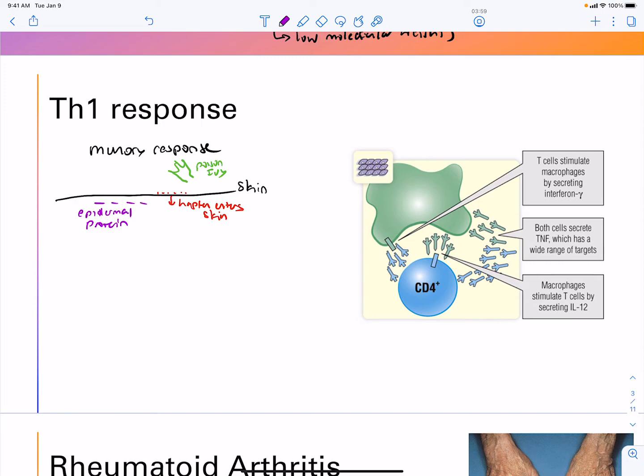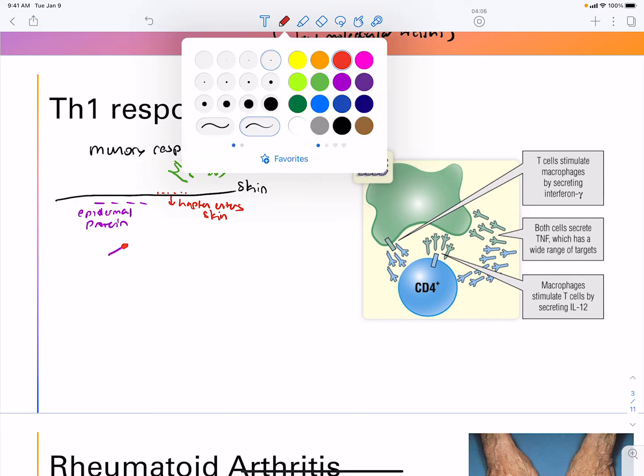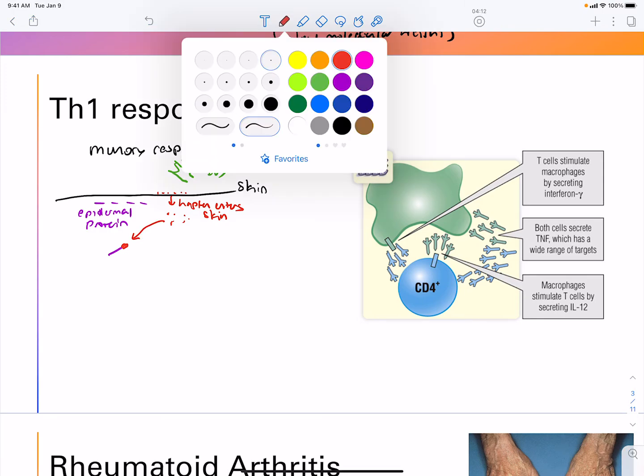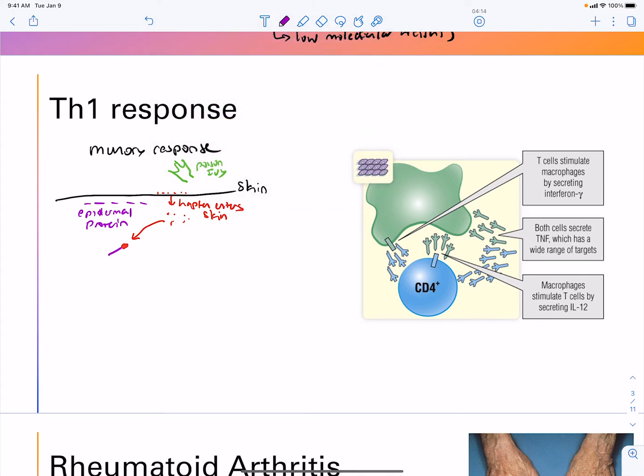And this epidermal protein is going to bind to the hapten. And it's going to look like an antigen. So it's thought that maybe it triggers a toll-like receptor. So here's your macrophage. Here's a TLR, maybe. But it gets activated.